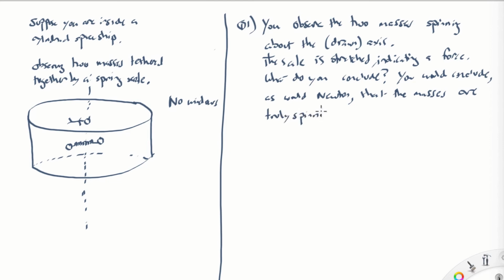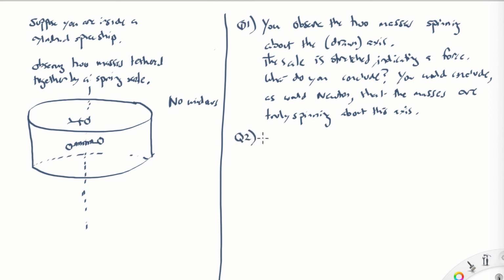They don't just look like they're spinning, but they're truly spinning about this axis. You know that they're truly spinning because there's a stretching force right here that's trying to make them fly apart, kind of like the water creeping up on the sides of the bucket, okay? So that shouldn't be too controversial, okay?